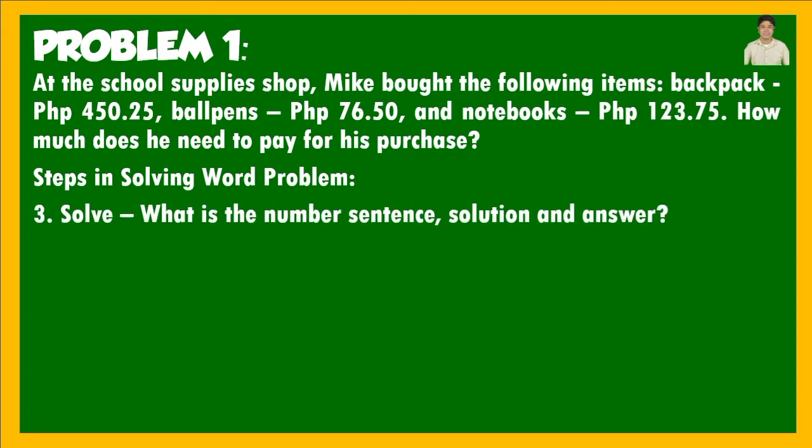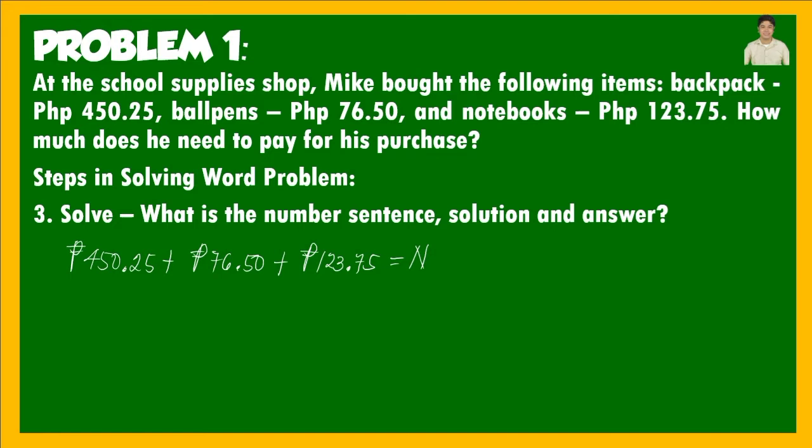Third step, what is the number sentence, solution, and answer? Number sentence muna tayo. Pwede natin gamitin yung peso sign. For example, this one: 450 pesos and 25 centavos plus 76 pesos and 50 centavos plus 123 pesos and 75 centavos equals N. Para makuha natin yung N, i-add lang po natin yung mga presyo.